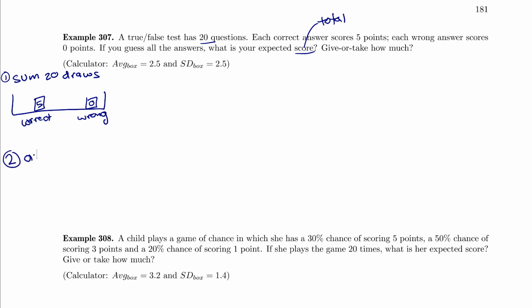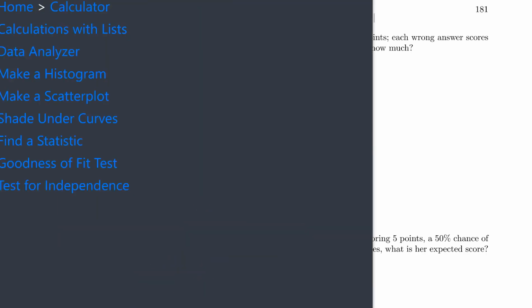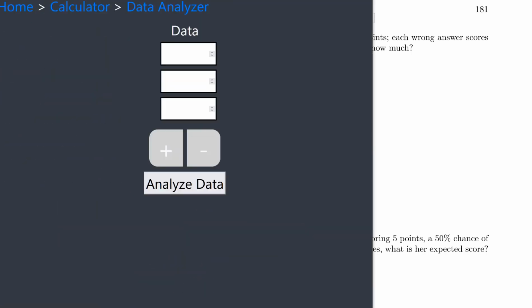Step 2 is the average of the box. Okay, which is just going to be 5 plus 0 divided by 2, so 2.5. And then the SD of the box, this is going to be super simple to put into our data analyzer calculator. Okay. So I go back to my calculator. I want the data analyzer.